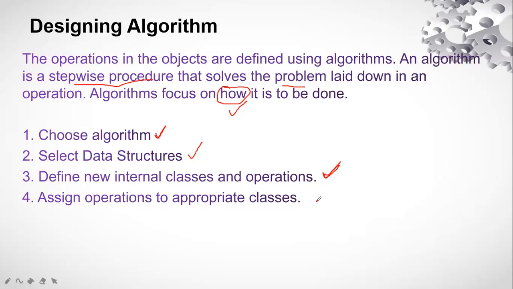But whenever more than one object is involved in the operation, then we need to decide to whom we have to give the lead role to work on the operation. That decision is the assigning of operations to appropriate classes. So if one or more objects are involved in the operation, we have to decide to whom we assign the operation.